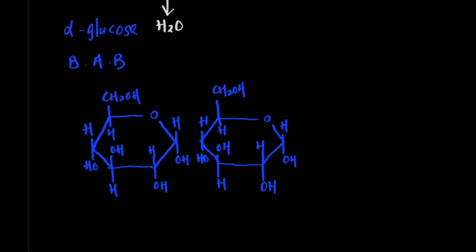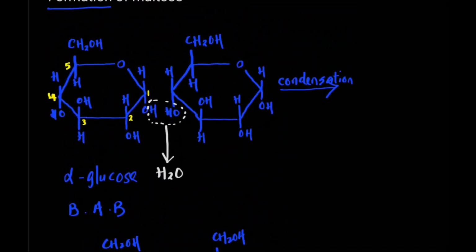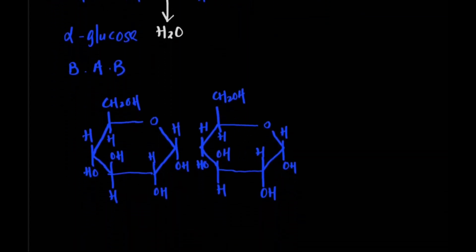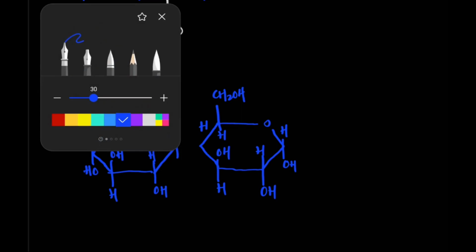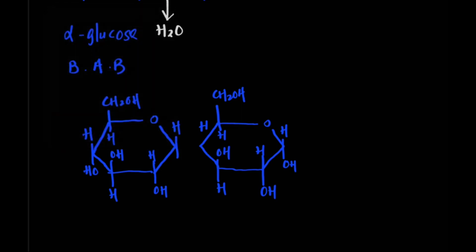You remember just now we said that the 2 alpha glucoses undergo the removal of water. The purpose is to form a bond between these 2 monomers. So how it happens is, after I draw it one more time, I erase the OH here and only the H at my left-hand side, the first monomer. So now we are left with this structure.